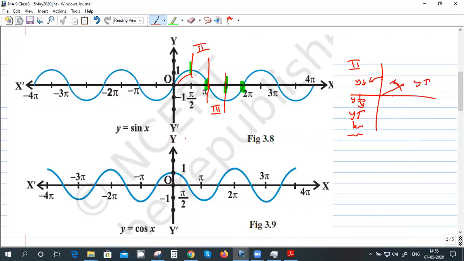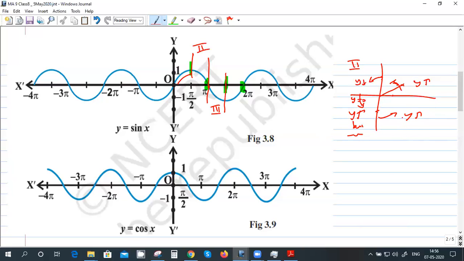Understood, no? Here y is 0, after that it's increasing, but it's becoming more and more negative. Yes, sir. Understood? And from here to here, y is going to decrease, but still negative.